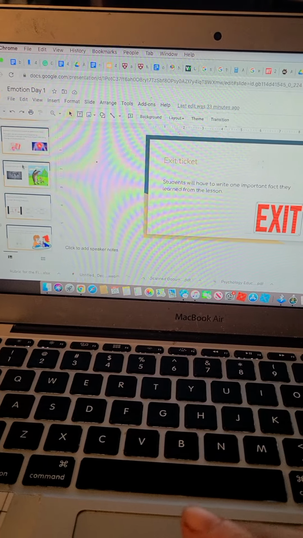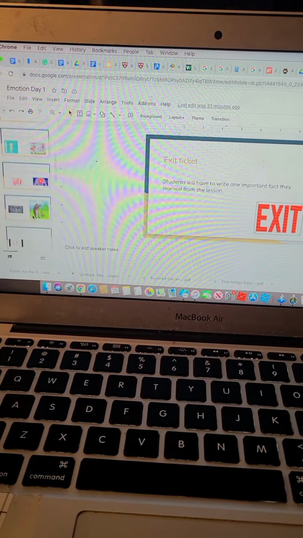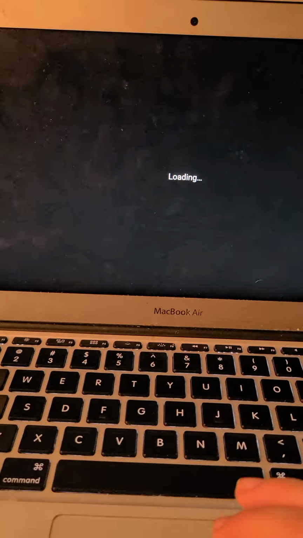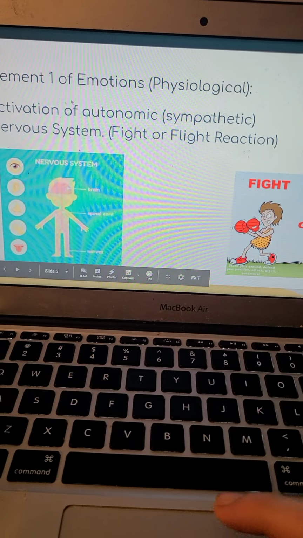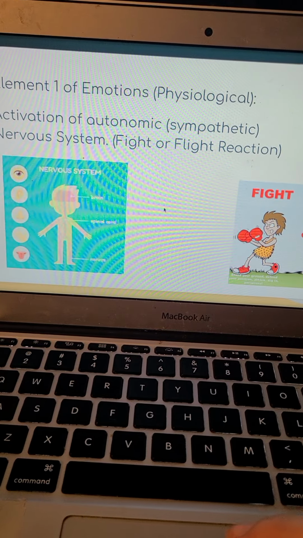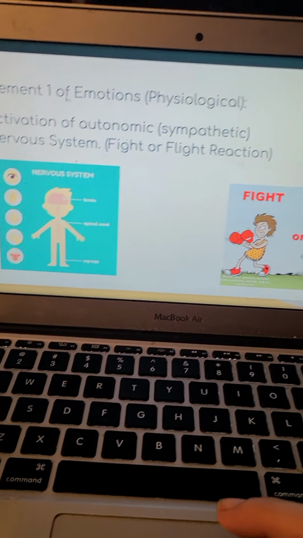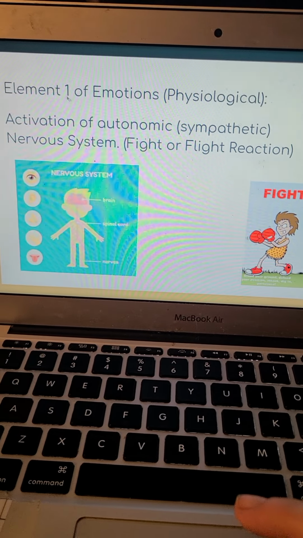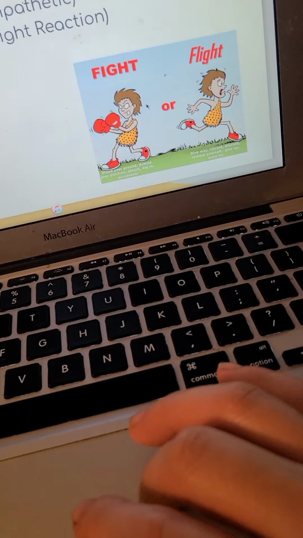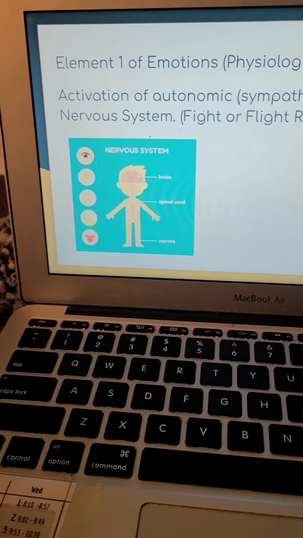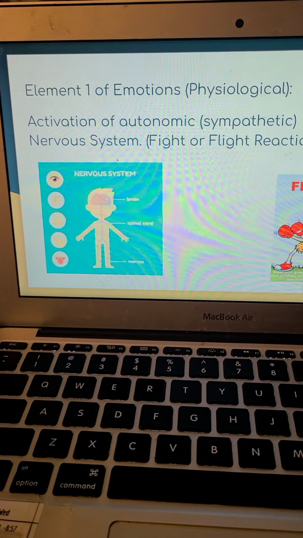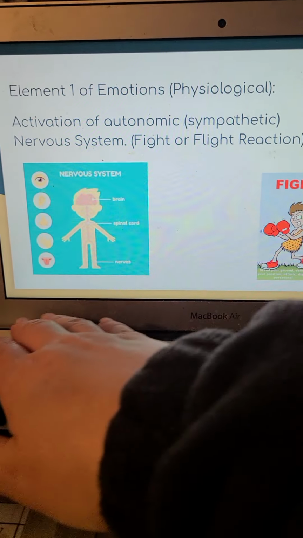Also, for example, in these hard vocabulary words, I notice they're kind of confusing. These are just the elements of emotion. Okay, if they can match element 1 with fight or flight reaction, then it'll be just fine, because they will learn the rest as we move on.